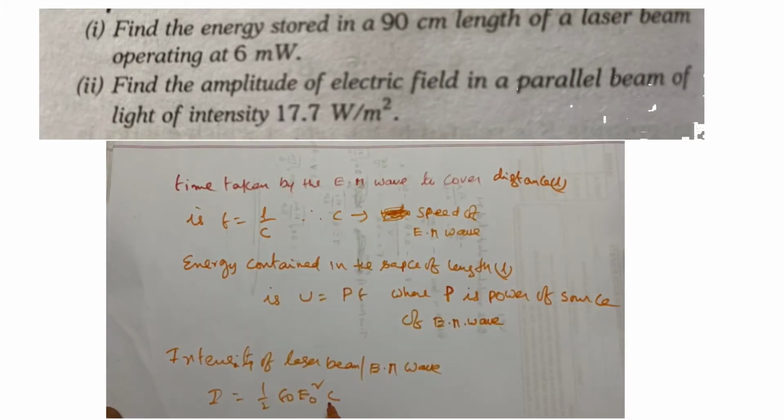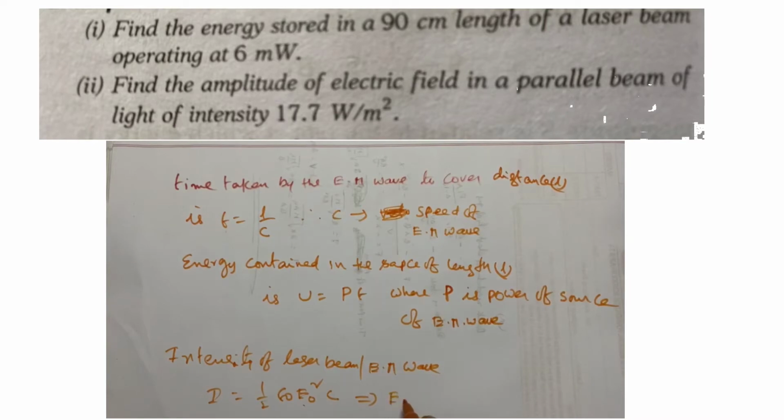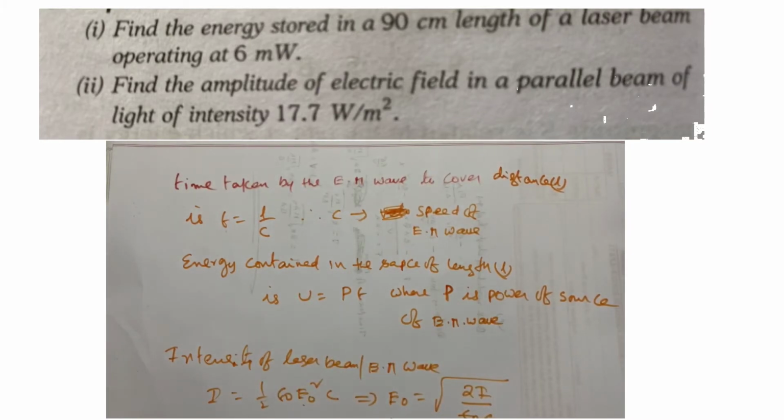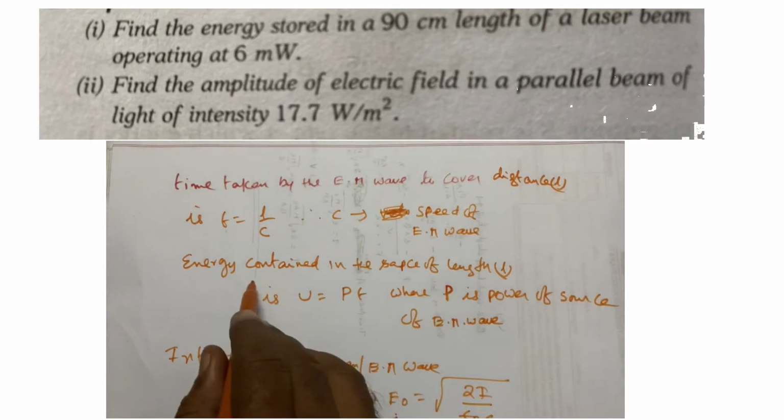By substituting the I value, if given, E naught can be calculated from this equation. E naught is the amplitude of the electric field. E naught equals root of 2I by epsilon naught into c. By substituting all the values, you can find the amplitude of the electric field.